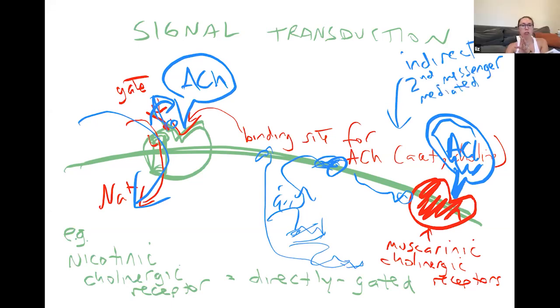But either way, it's triggering something, whether it's direct or indirect. Because otherwise, what's the point? The message comes in, and the binding has to have some result. If the binding doesn't result in something, then what's the point of it?